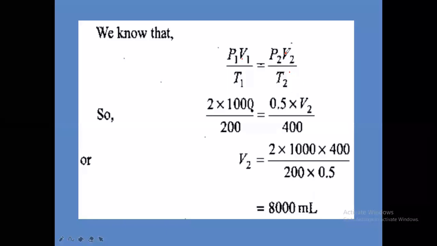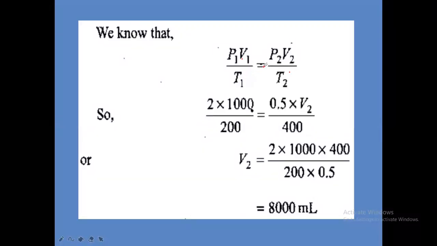So by combining Boyle's law, Charles law and Gay-Lussac's law, we have got the combined gas law equation, that is P1 V1 by T1 is equal to P2 V2 by T2, initial conditions and final conditions. Then what are we asked to calculate here? We are asked to calculate the V2 value.